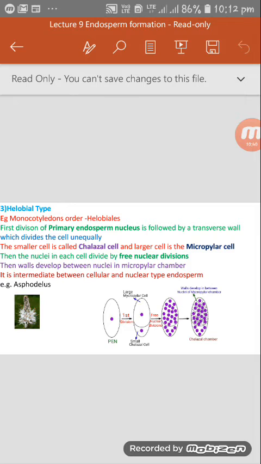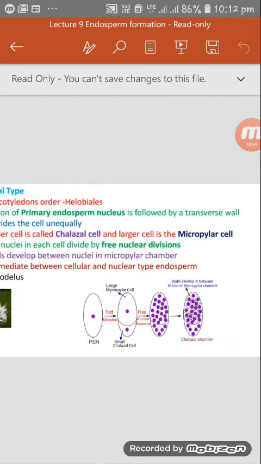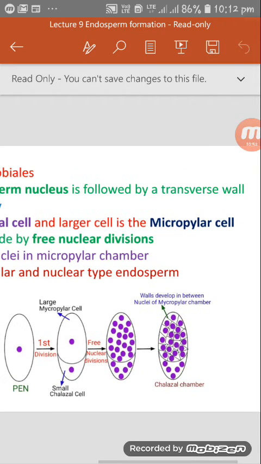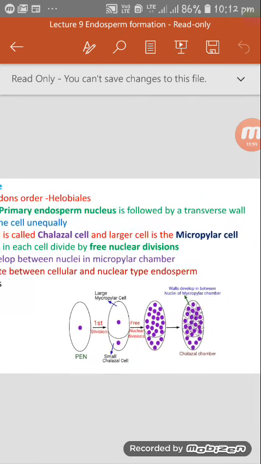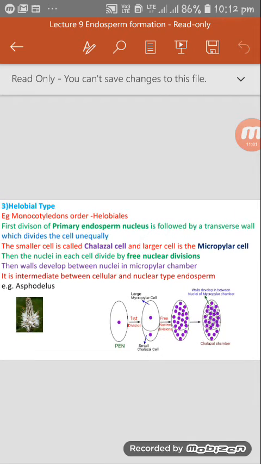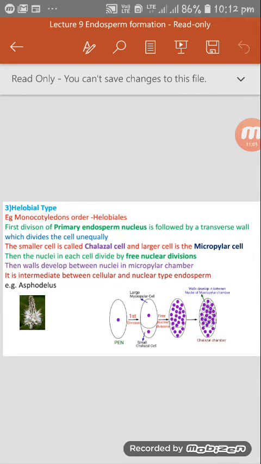It is intermediate between cellular and nuclear type of endosperm. So, once again, look at the diagram. Walls develop between nuclei of the micropylar chamber, while in the chalazal chamber it remains free nuclear. So it is a combination of cellular type and nuclear type.